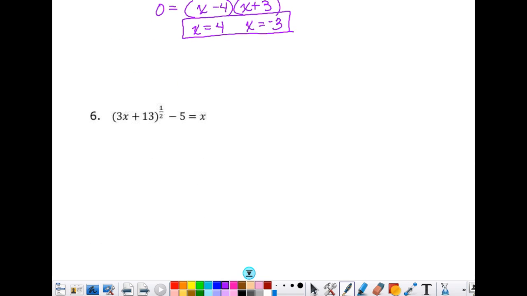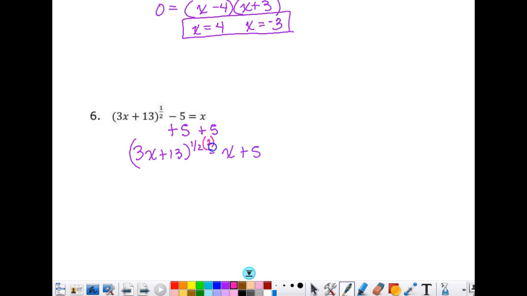Okay, number 6. What do you think we do first? Yeah, get rid of that 5. So we're going to add 5 over here. You might want to write a little bit smaller on this one because I almost ran out of room when I did it on my notes. Okay, 3x plus 13 to the 1/2 power equals x plus 5. Okay, how do we get rid of that 1/2?